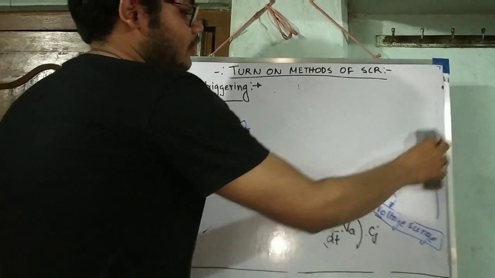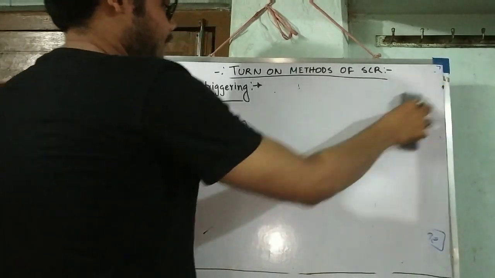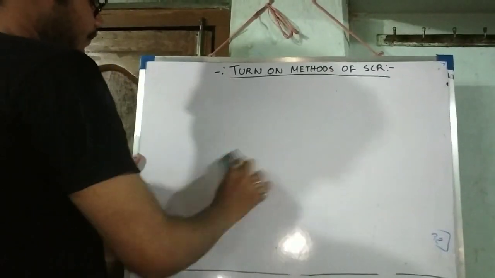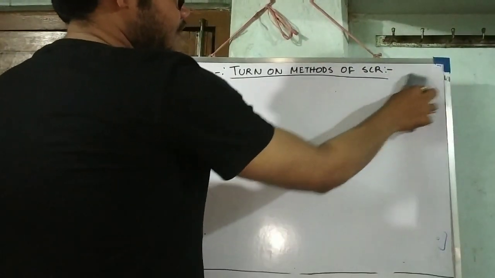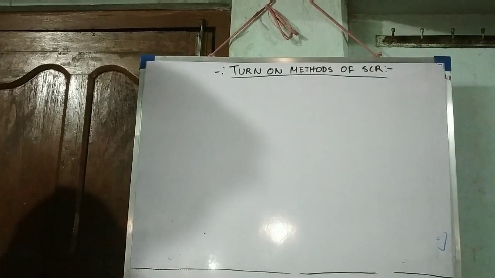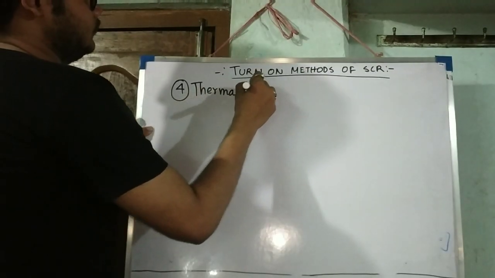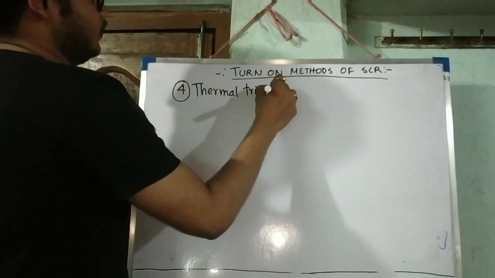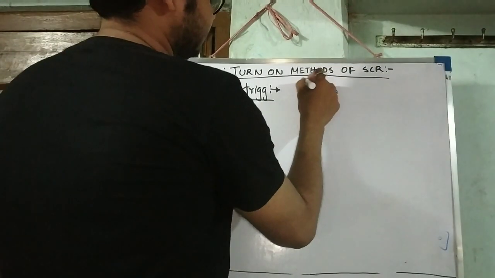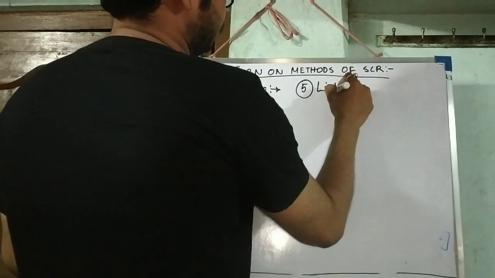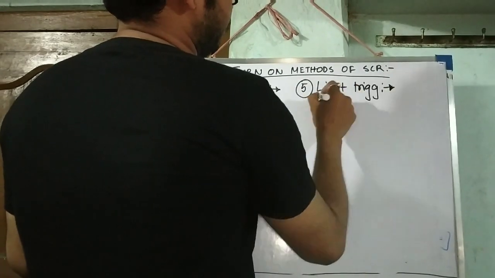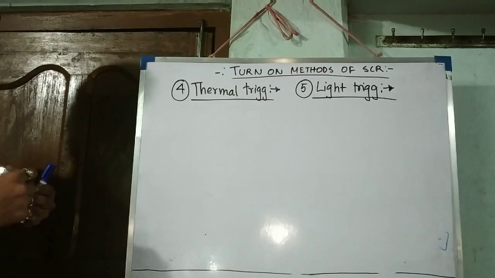One is thermal triggering and the last one is your light triggering. The three important methods, which are conceptual, we have done. So these are the main 5 methods.